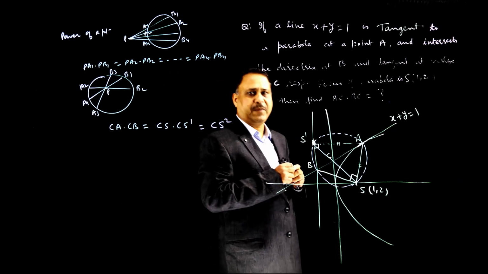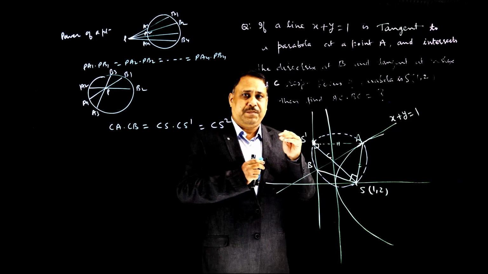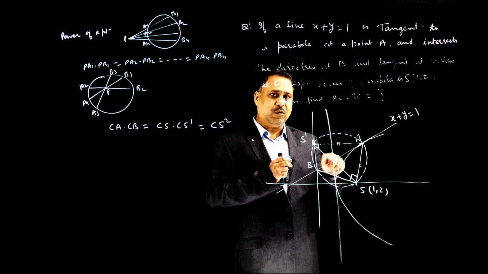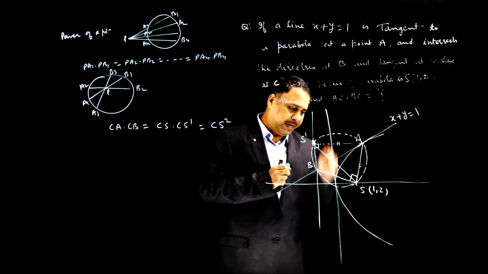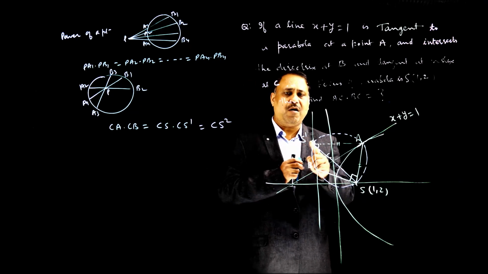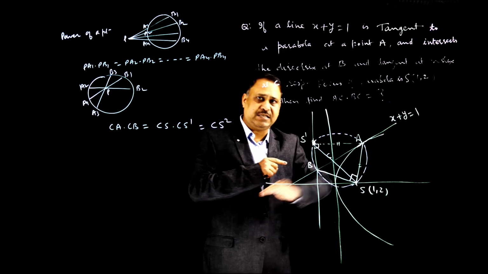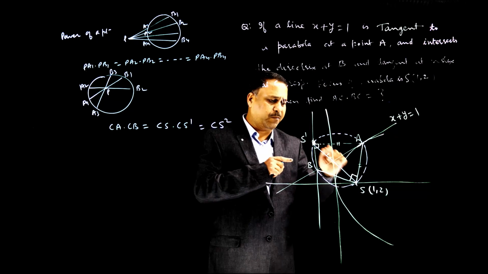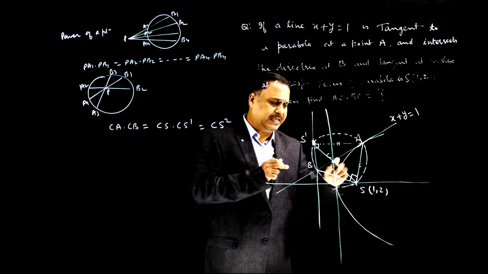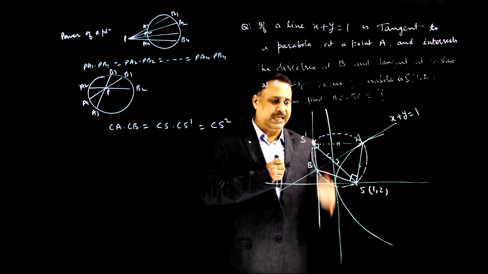And we also know the second property, another property we have remembered. If I draw a perpendicular on any tangent from the focus, then the locus of feet of perpendiculars dropped from the focus on any tangent is the tangent at vertex. Again listen carefully. The foot of perpendicular is C, from the focus on any tangent, this is 90 degrees.